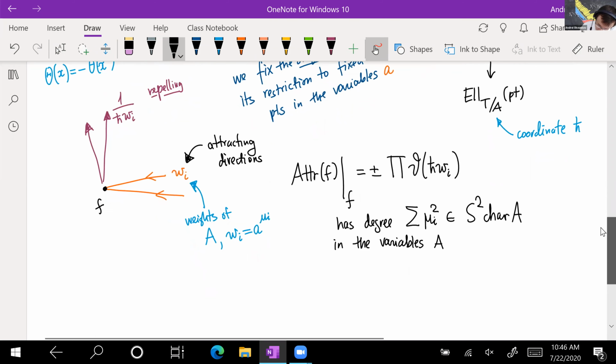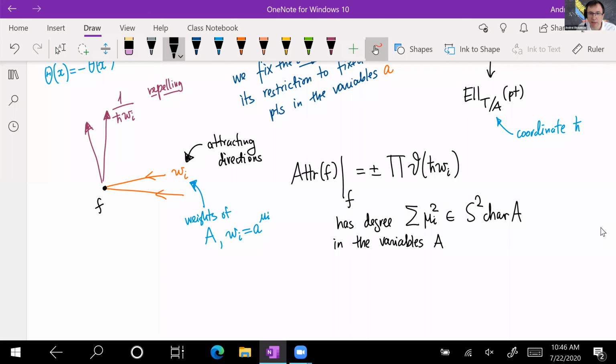We discussed that the degree of a line bundle on the variety is something like a quadratic form. So that's this quadratic sum of the characters.